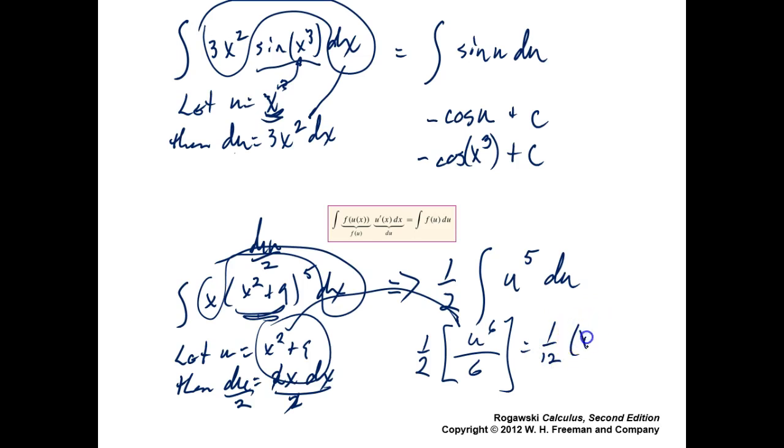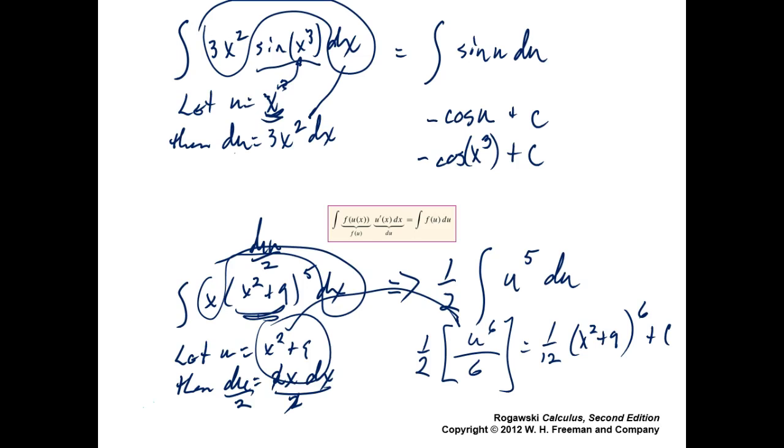And u is x squared plus 9 to the 6th power. Plus c. Don't forget your plus c. I didn't want to write it in too soon because I was going to multiply by 1/2 and that kind of stuff. Just be sure at the end to put a plus c.